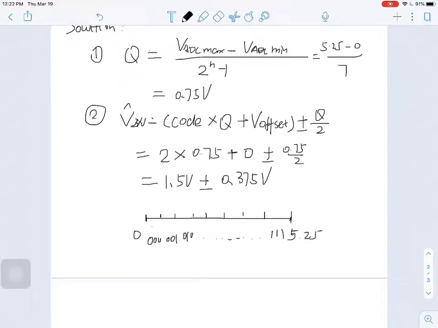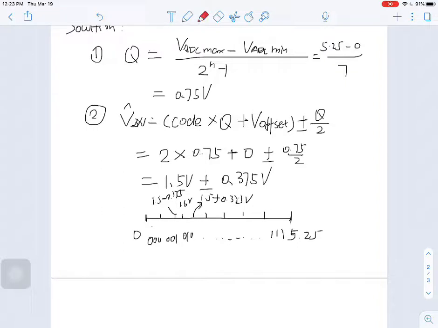The corresponding binary code is 0, 1, 0, and that only tells you here is 1.5 volt, and right here is 1.5 minus 0.375, and here it's 1.5 plus 0.375 volt.